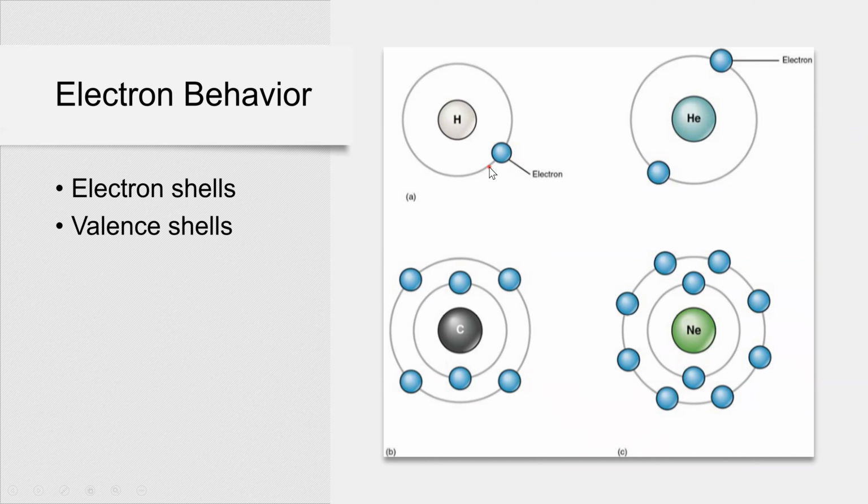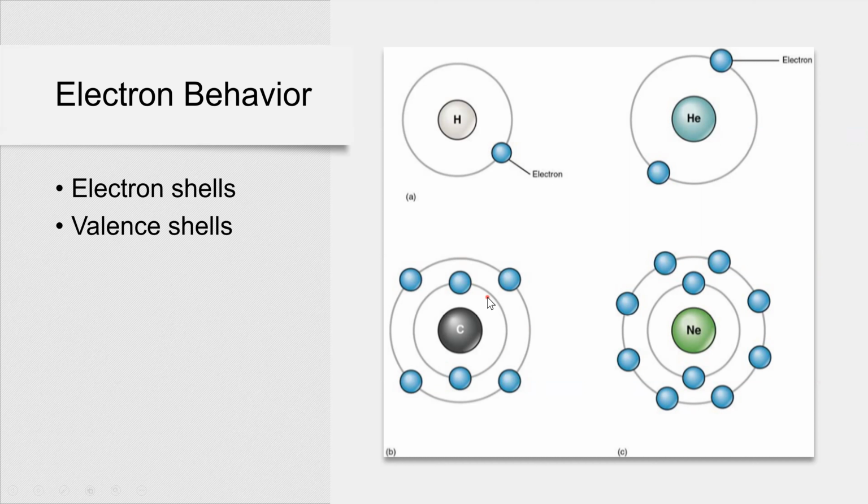Now, electrons are arranged in electron shells, and the atom can have several electron shells. Each shell represents a specific energy level, right?